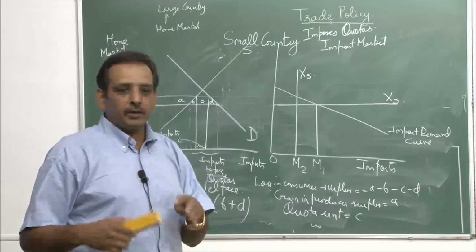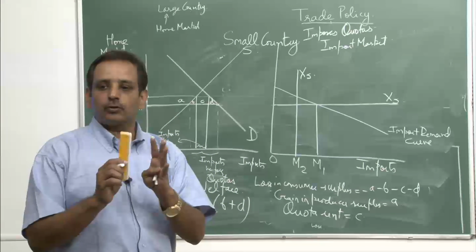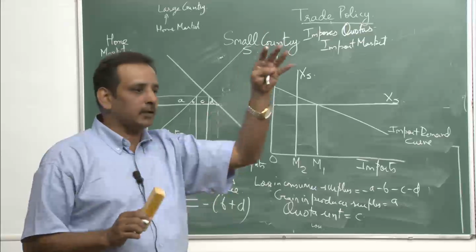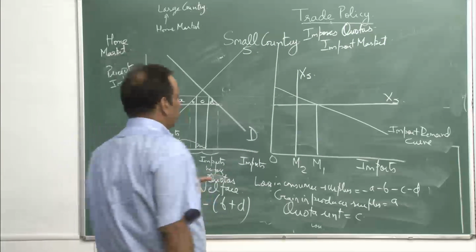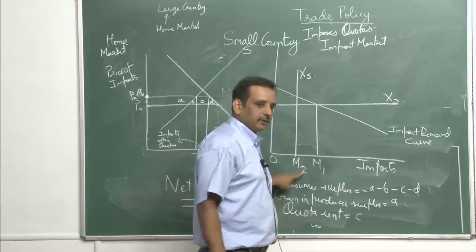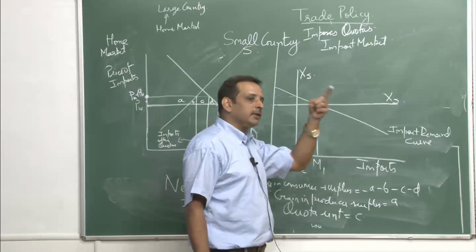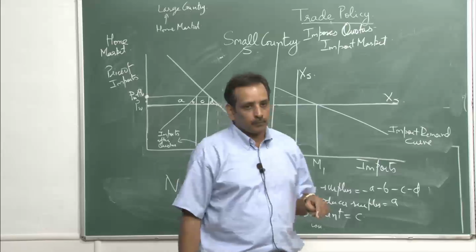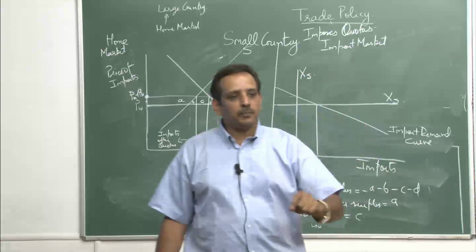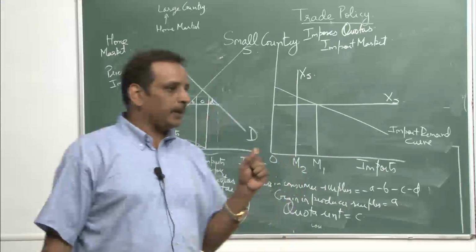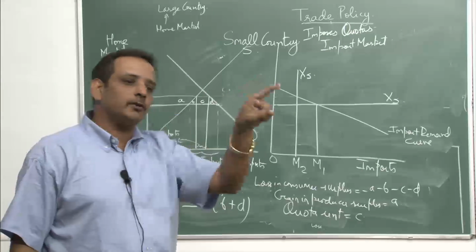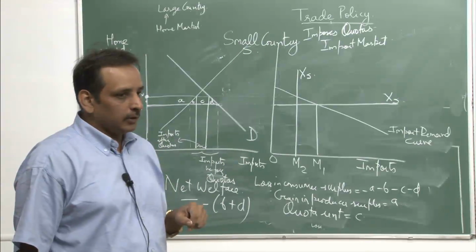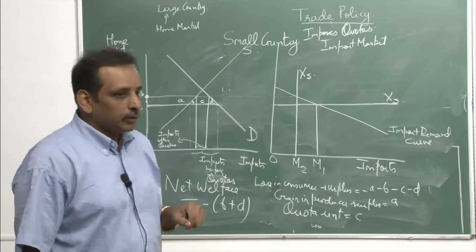So, the government, the administration decided to impose quotas on all Japanese cars coming in. But then the difference was that the quota licenses went to the Japanese producers. So, the Japanese government was given the task of allocating licenses to its own producers, right.